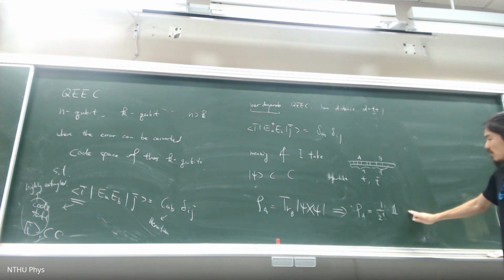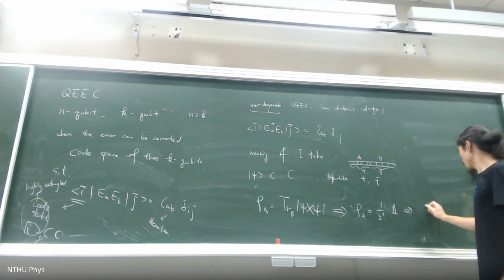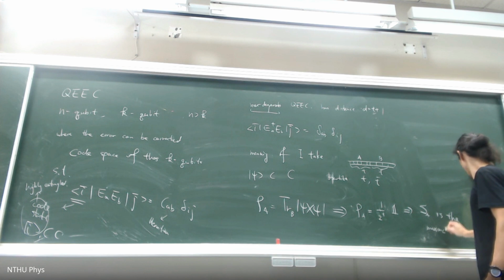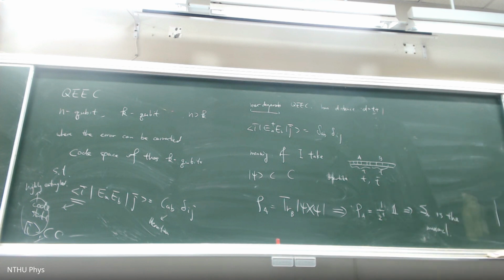And as you know, if a reduced density matrix is proportional to the identity, then this gives you the maximal entanglement. So we want to show this.